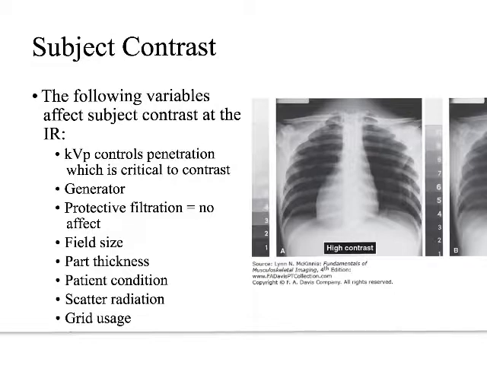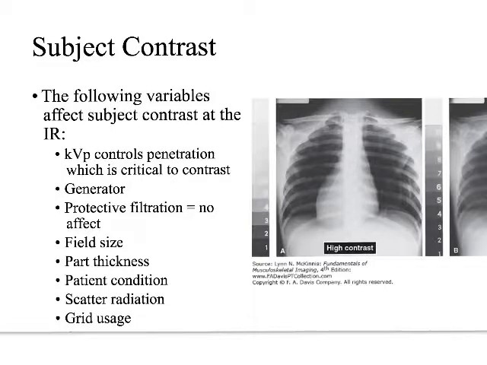So what are the variables that affect subject contrast at the level of the image receptor? So we have said that largely KVP is critical to contrast. That as KVP increases, what happens to contrast? It decreases, right?